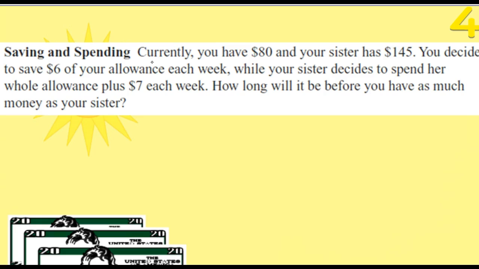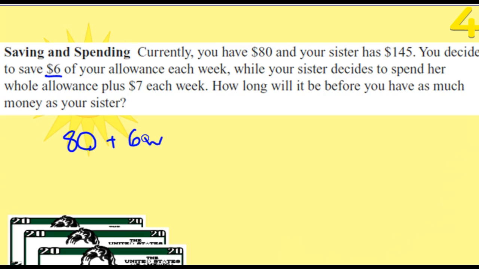Alright, so this one says, currently you have $80 and your sister has $145. You decide to save $6 of your allowance each week, while your sister decides to spend her whole allowance plus $7 each week. So to set up this problem, you currently have $80. You are going to add each week $6 because you're saving $6 of your allowance.